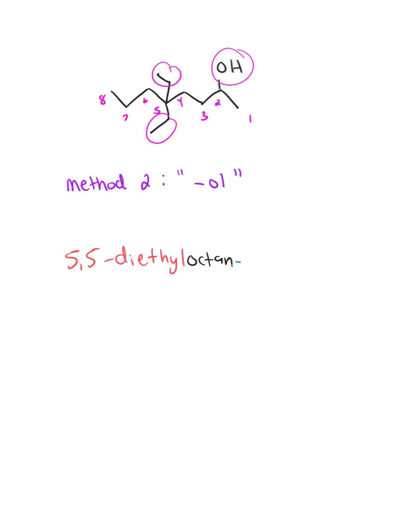So we're going to add the number in front of the -ol, and it would be 5,5-diethyl octane-2-ol. Another way you could write that would be 5,5-diethyl-2-octanol, and that 2 would then be implied that it's referring to where the hydroxy group is, or the OH group, with the -ol. So this is method number 2. Again, if you're in the college class, you only have to worry about method 1 using the name hydroxy.